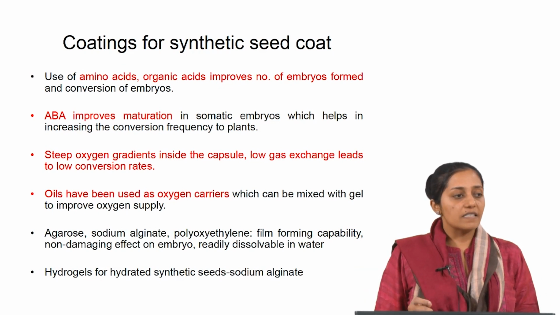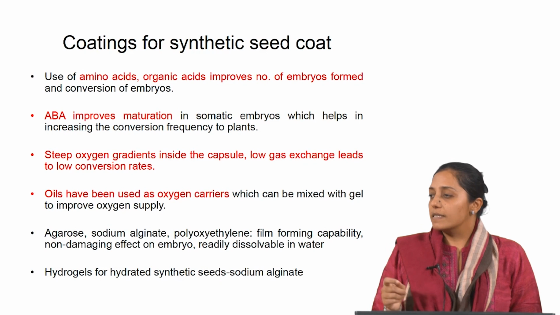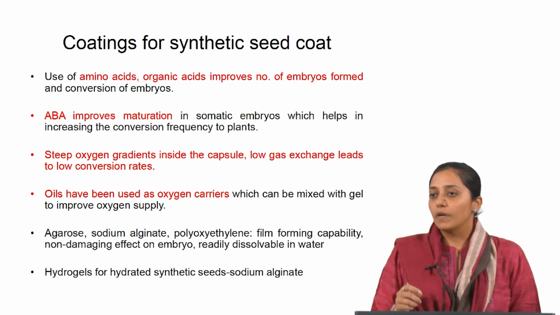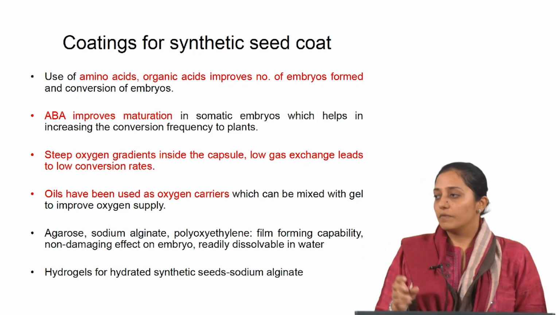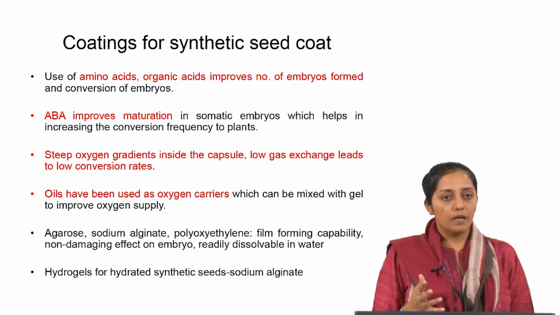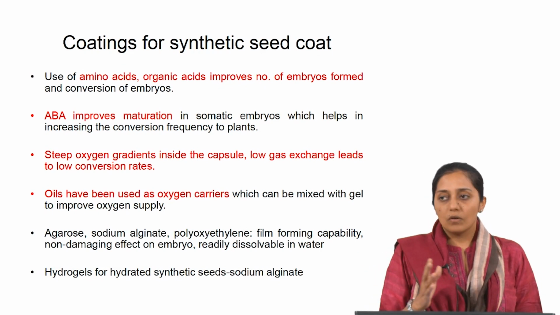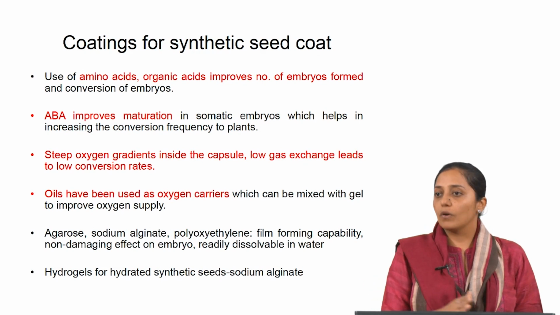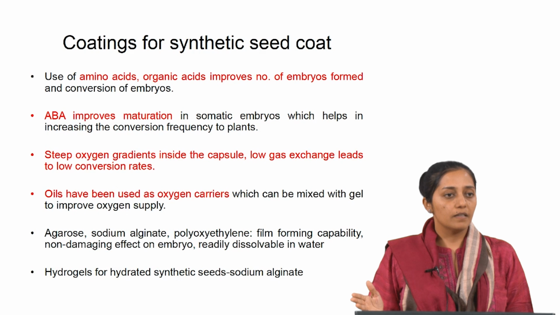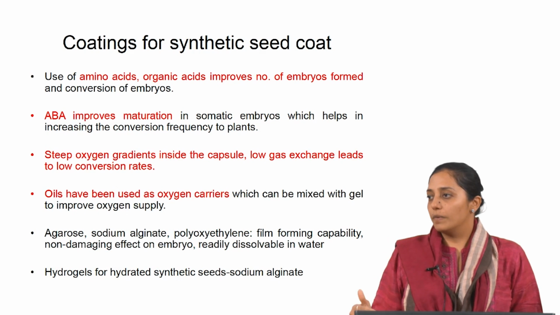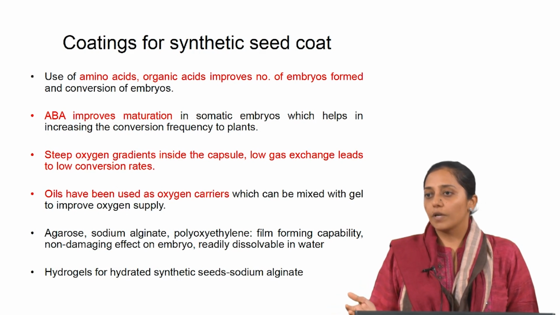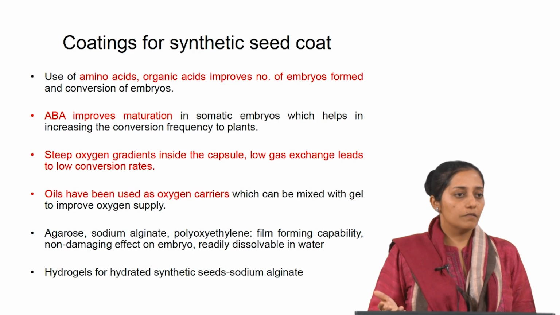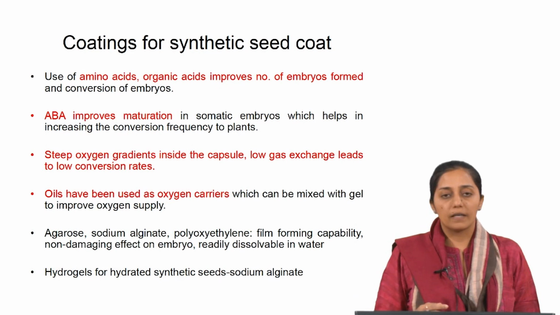Abscisic acid, ABA, has been found to improve the development of embryos. There are 4 different stages we learnt in somatic embryos. The rapidness with which a somatic embryo converts into a cotyledonary stage, where root and shoot primordium is formed, leads to regeneration of plantlets.